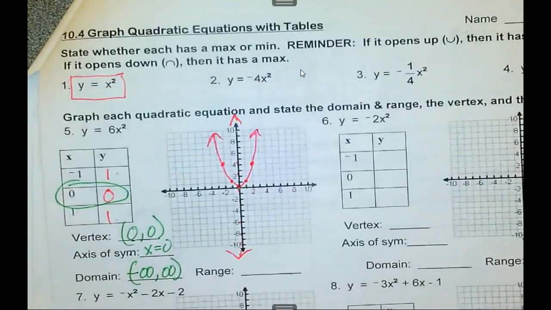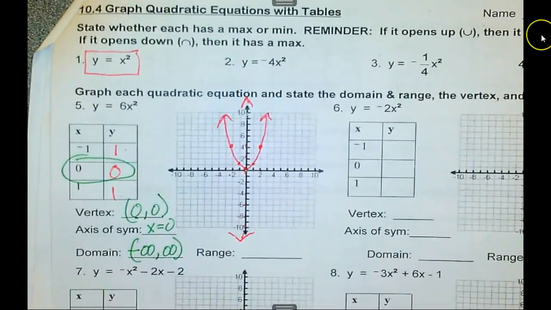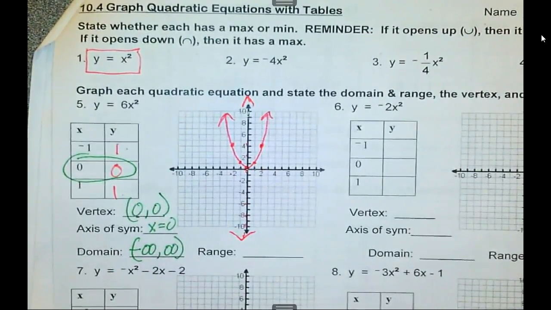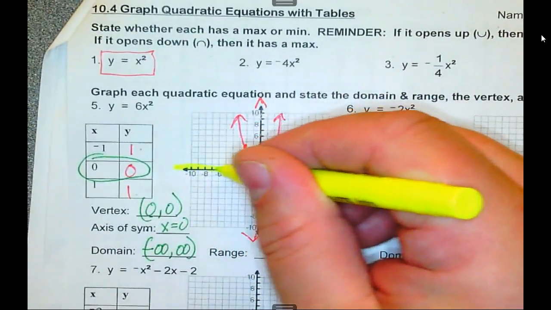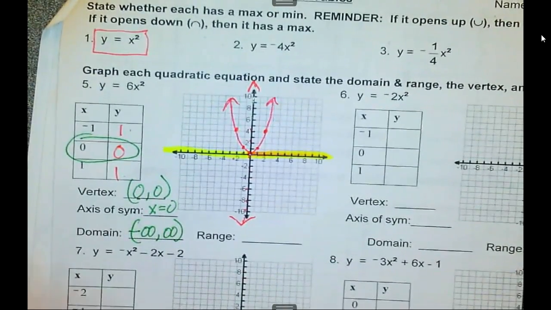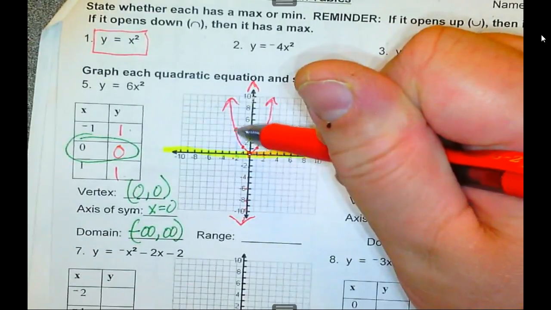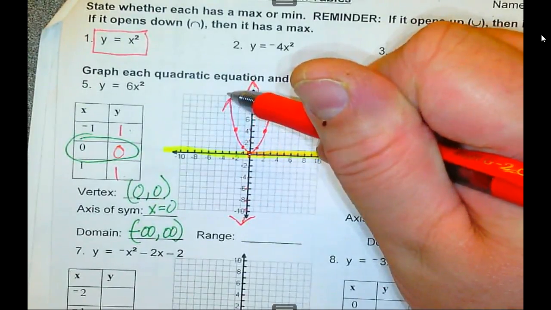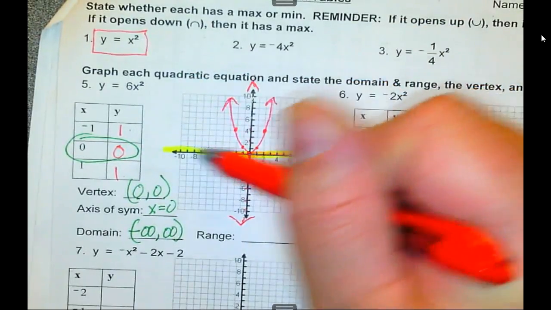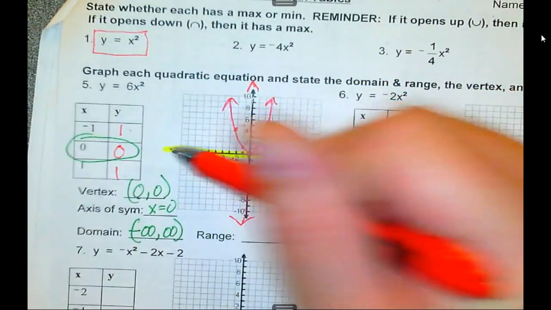Okay, let's talk a little bit about domain and range. Domain is all of my x values for the graph. So I'm looking at my x-axis. These are all my x values, right? Now, remember my graph here, although it's like an exponential function, it does go off to infinity.